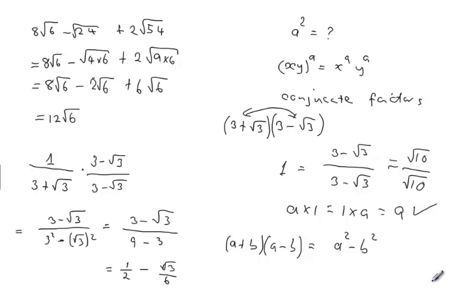So I think I'll stop there and then give you number 4 as your homework. And number 4 again, I want you to express that as a single fraction without a radical sign in the denominator.